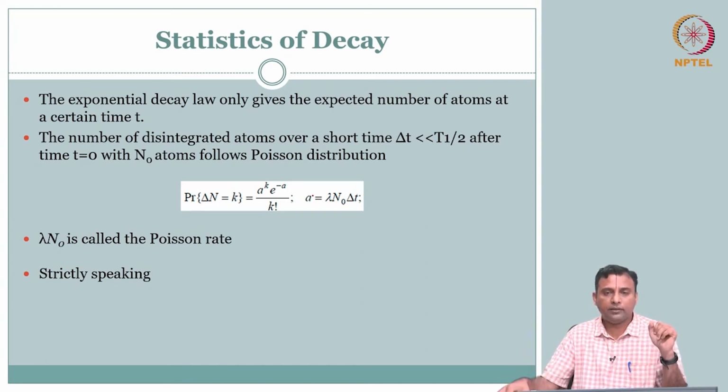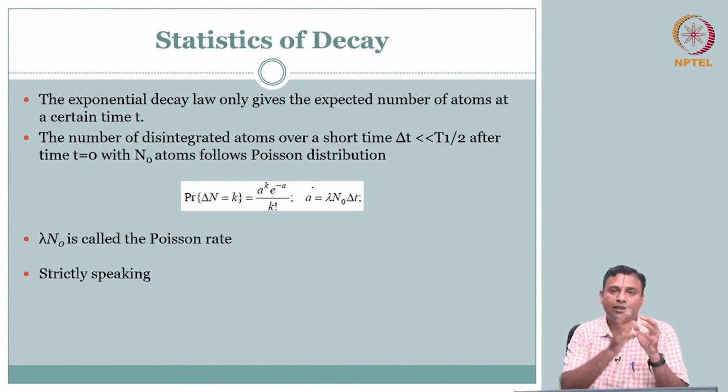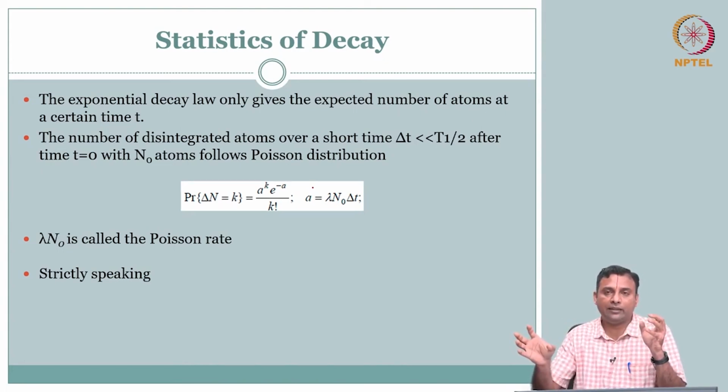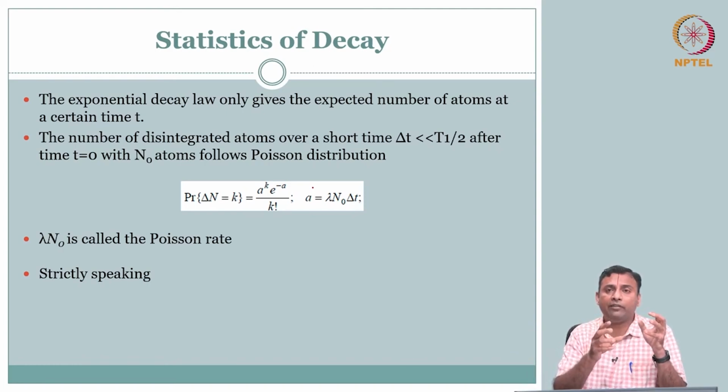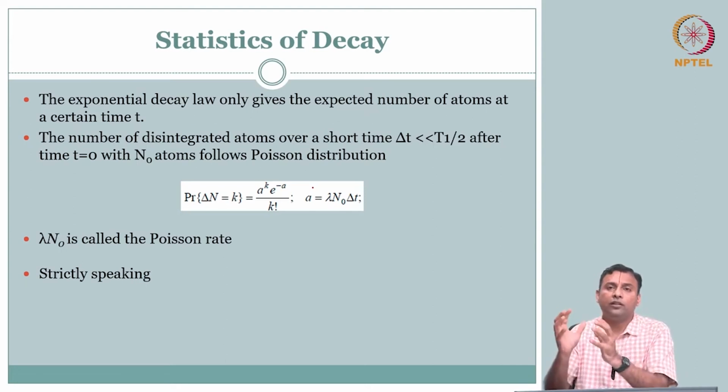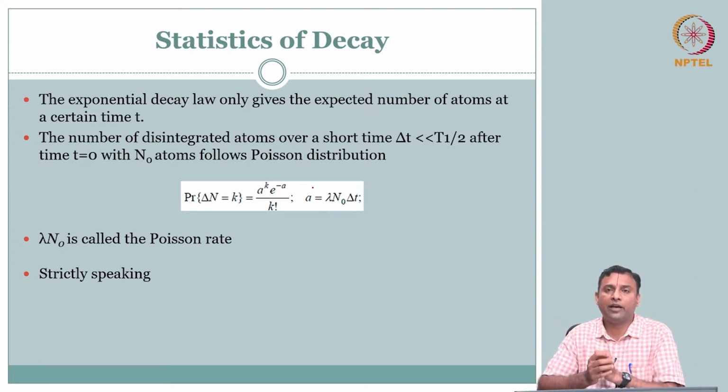So the point is we know in some sense the number of atoms that have disintegrated. You start with some quantity, some have disintegrated in some time, and you have the remaining. And what did we know about radioactivity? Radioactivity is proportional to the amount of radioactive atoms that are there.